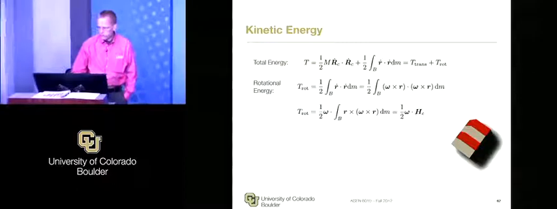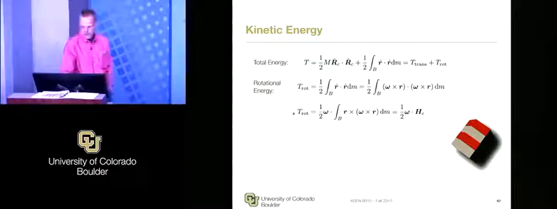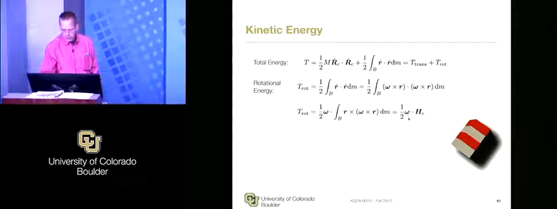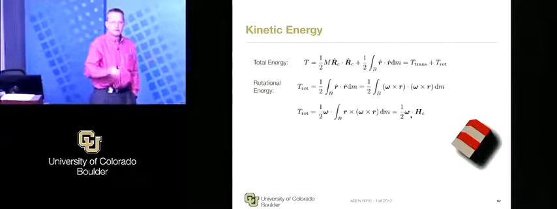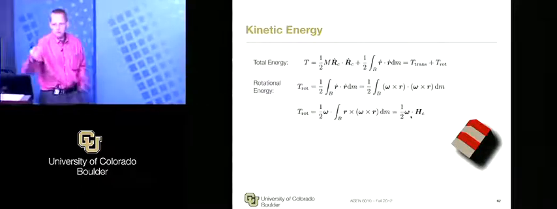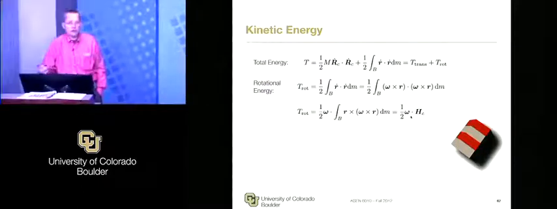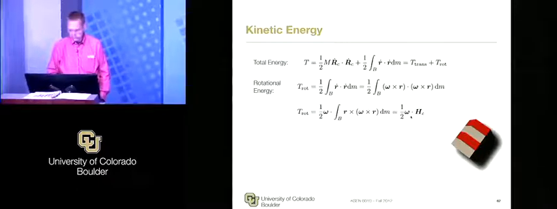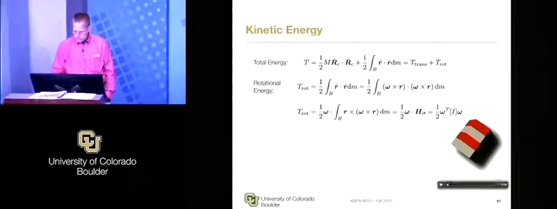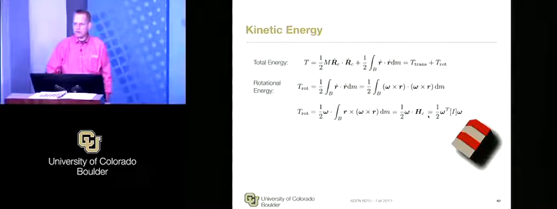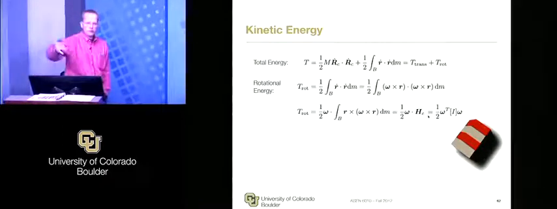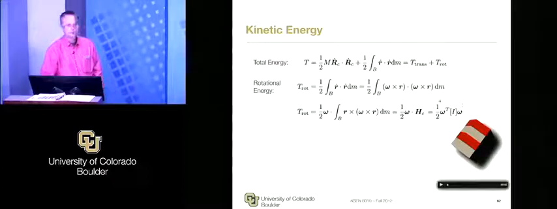And inertia tensor times omega is H. So kinetic energy is 1/2 omega dotted with the angular momentum. Or another way to write it is 1/2 omega transposed I omega, because momentum is I omega. And doing it in matrix form, that's what you'd end up with. Good. So these two things. For 1D, what you might remember is 1/2 the inertia times angular rate squared. That's the 3D version of it, essentially.